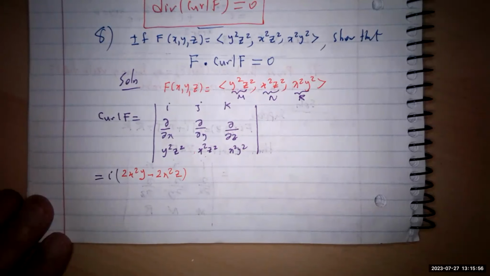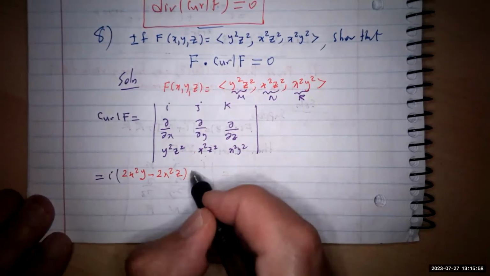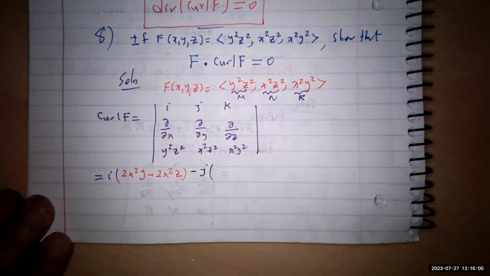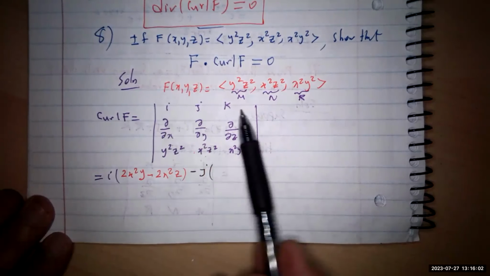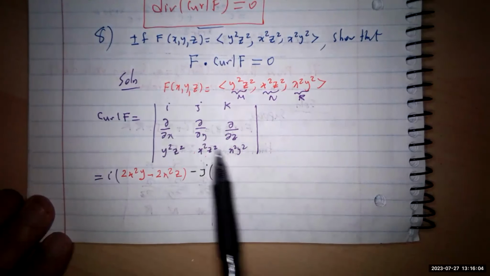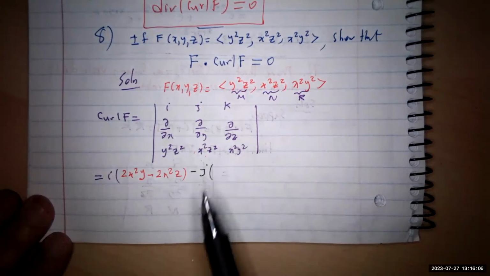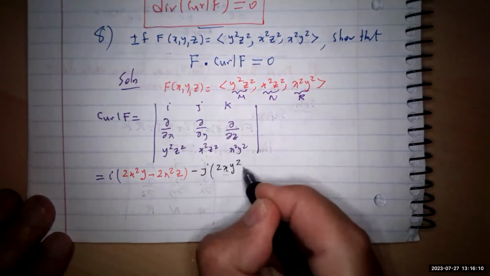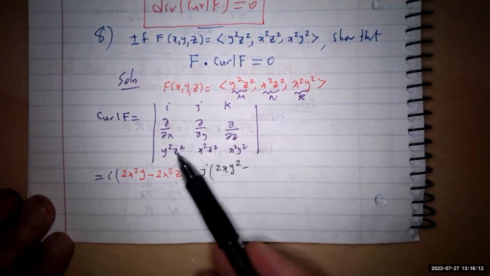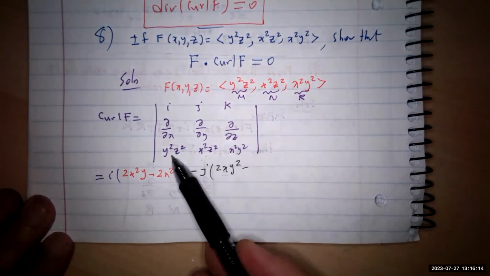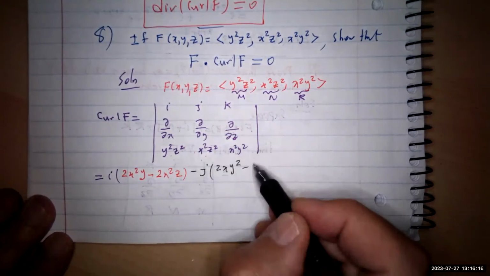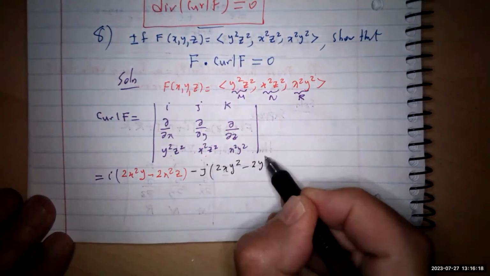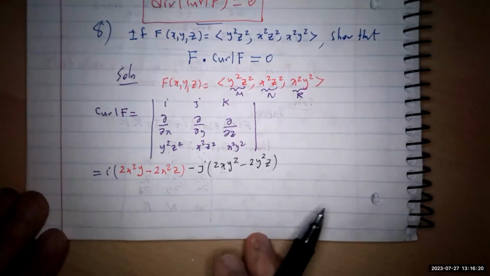Next, minus j times, eliminate the first row, the second column. Again, derivative with respect to x, 2x y squared, minus derivative with respect to z, 2y squared z. That's the j part.